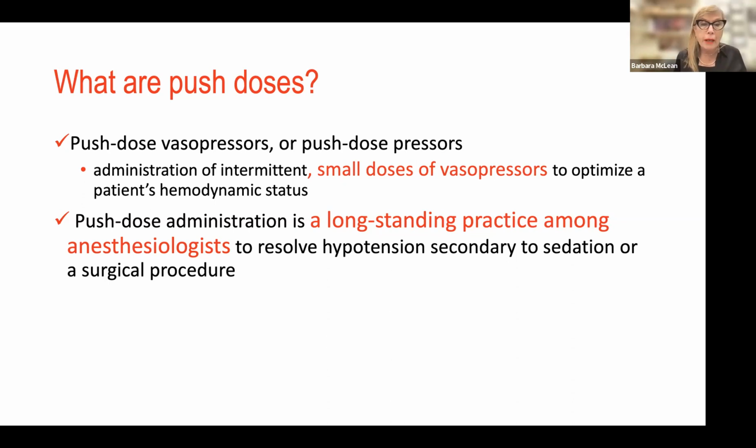It is not meant to be a long-standing therapeutic intervention, just during a window of time when your patient's blood pressure is dangerously low and where they may actually exacerbate or extend a myocardial or cerebral infarct.